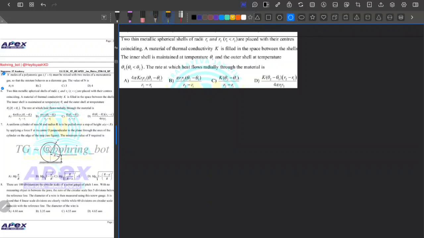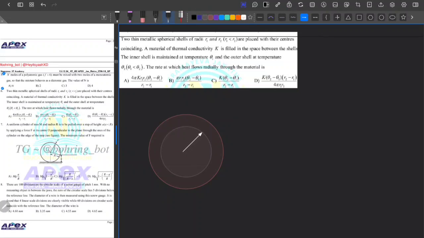Let me draw the diagram. So there is one shell here, right, and there is one more, and the radii are R1 and R2. R1 is less than R2, therefore let me represent the radii also.